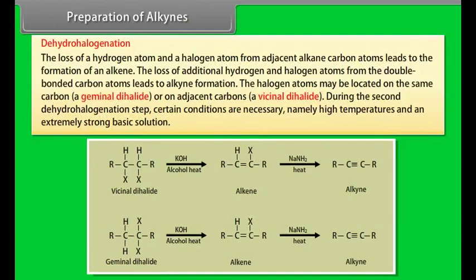The loss of the additional hydrogen and halogen atoms from the double bonded carbon atoms leads to the alkyne formation. The halogen atoms may be located on the same carbon, a geminal dihalide, or on adjacent carbons, a vicinal dihalide. During the second dehydrohalogenation step, certain conditions are necessary, namely high temperatures and an extremely strong basic solution.